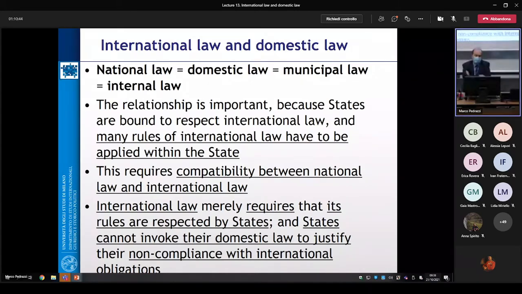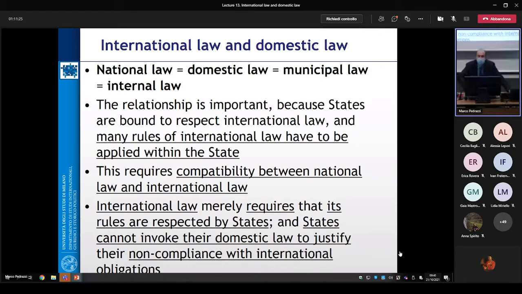So this relationship is extremely relevant because, as we already mentioned in the beginning of these classes, international law does not only concern the field of international relations. International law nowadays regulates many situations and many subjects that relate to the internal life of states.